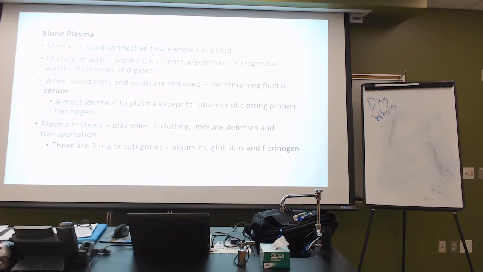But they cannot exist in their full form in this liquid matrix. So what the blood needs to do is have this material so that we can give rise to those fibers.